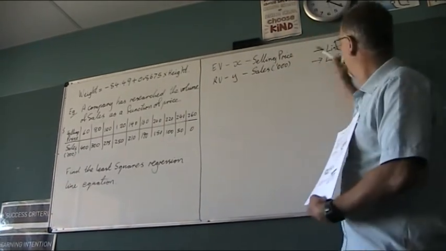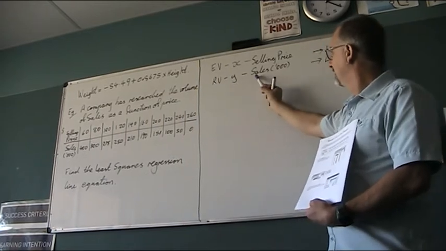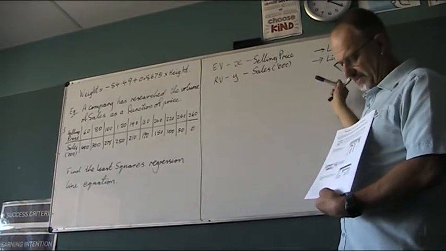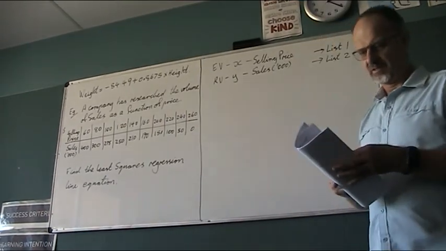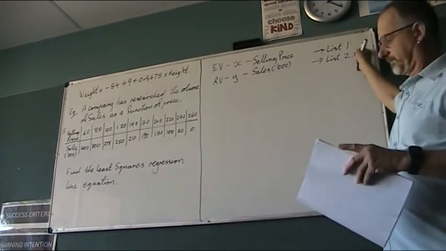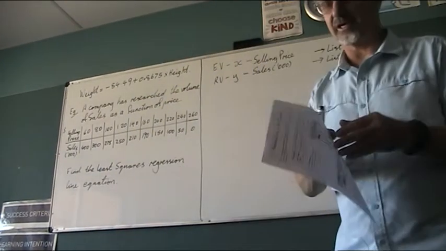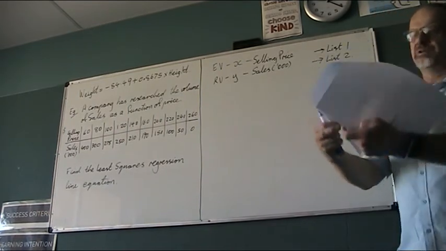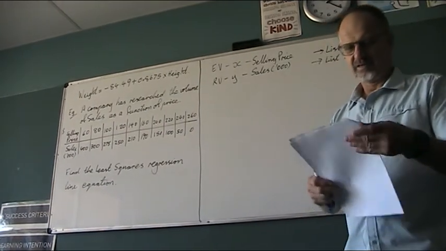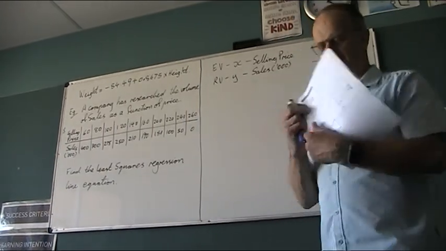We put that in list 1. Our Y list, our RV sales, we put in list 2. Generally the default is fine for us, so we're not going to have to change anything. Then you press OK, and a little screen pops up.